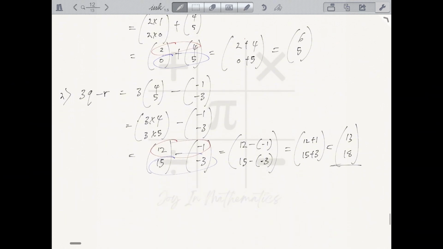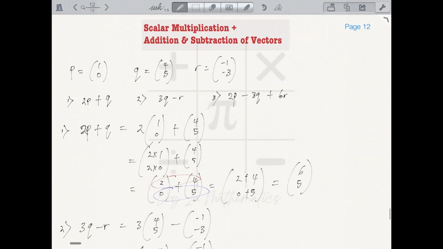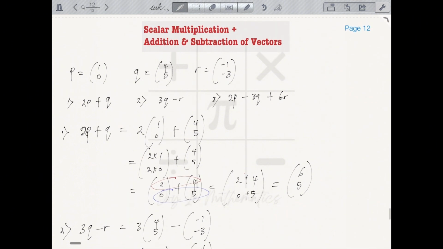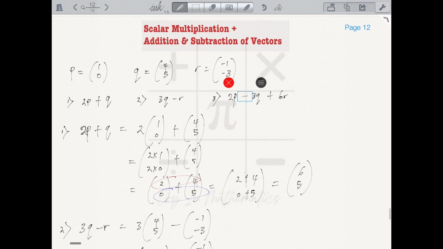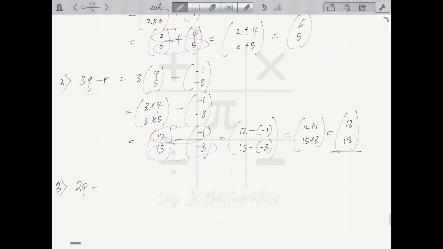And finally, let's look at question 3, 2P minus 3Q plus 6R. You can pause the video now and give it a try. We have scalar multiplication, subtraction, and addition. 2P minus 3Q plus 6R. So let's go.